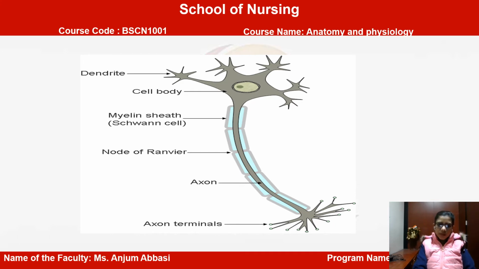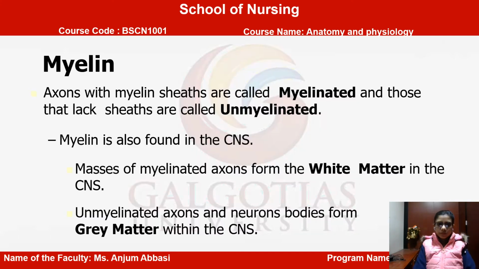Next, you can see these are axons, and in between there is a notch or gap. This gap is known as the nodes of Ranvier. If you come down, in the last you will see a star-like projection. This is known as the axon terminal.